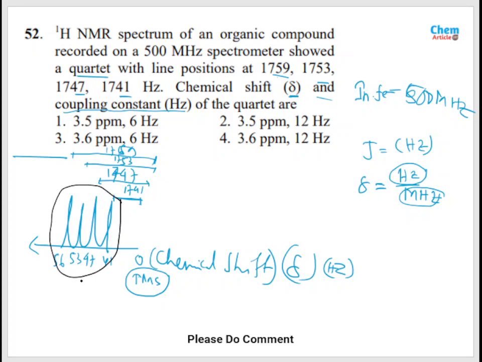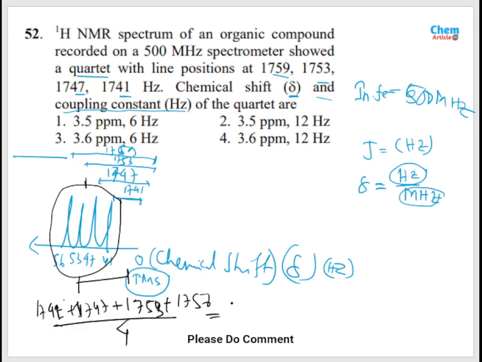For the average value: 1741 plus 1747 plus 1753 and 1759, divided by the total value, which equals 4, that is something like 1750.